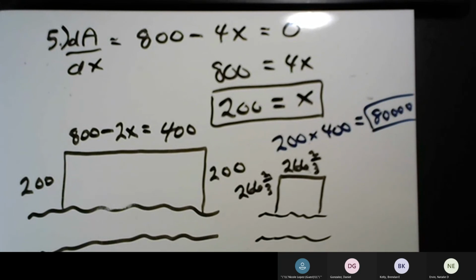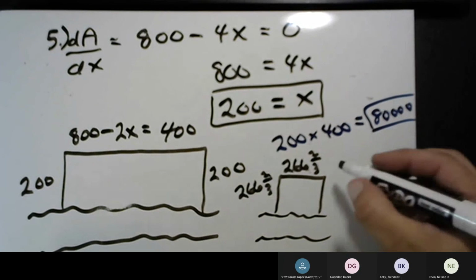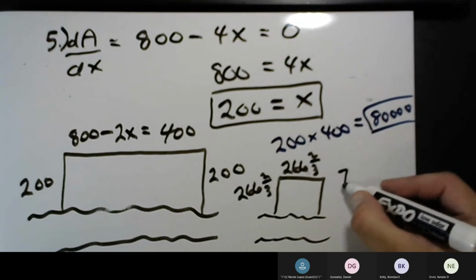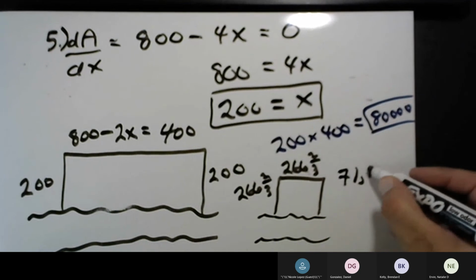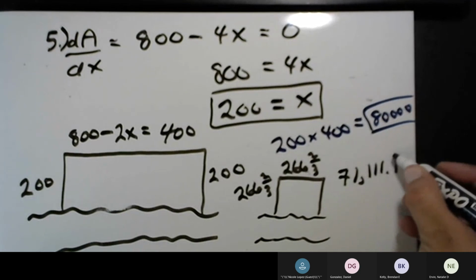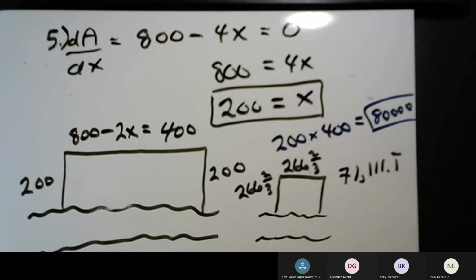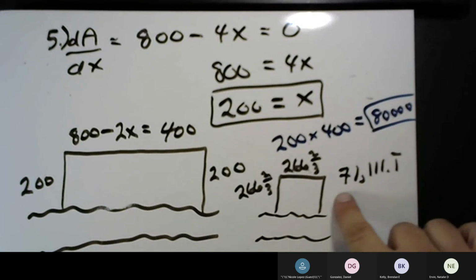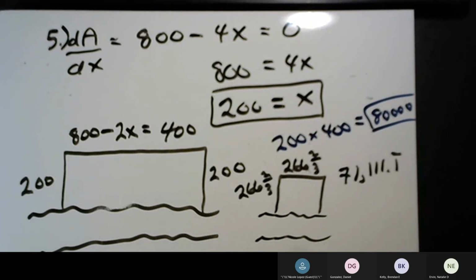And if we compute the area, what we'll get is 71,000. There's a repeating 1 there. So we actually get a smaller area in this case if we go for a square. So any questions about that?